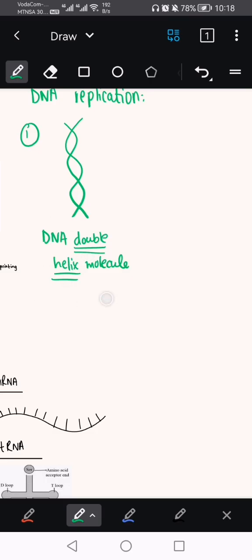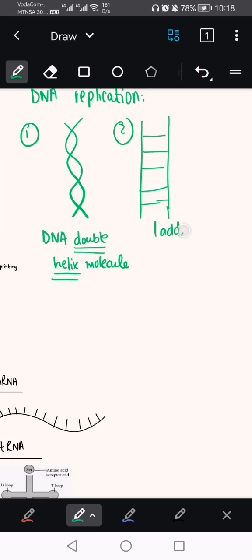So this DNA double helix molecule is going to unwind, and when it unwinds, it forms a ladder-like structure. Then thirdly, remember the weak hydrogen bonds? These weak hydrogen bonds will break, causing the DNA double helix molecule to unzip.